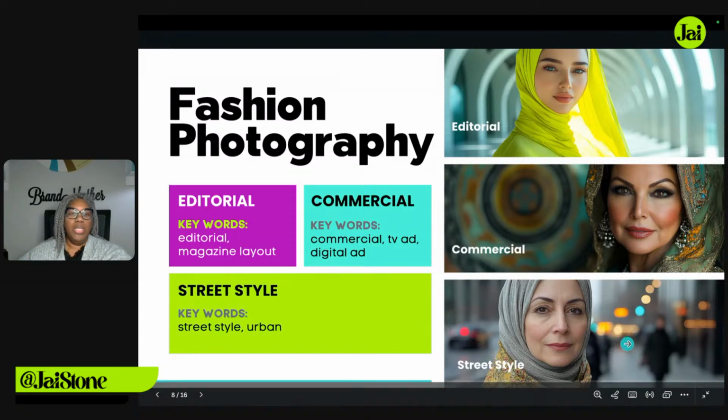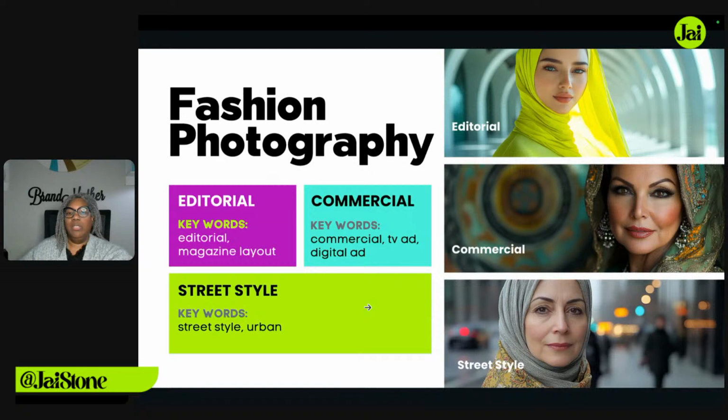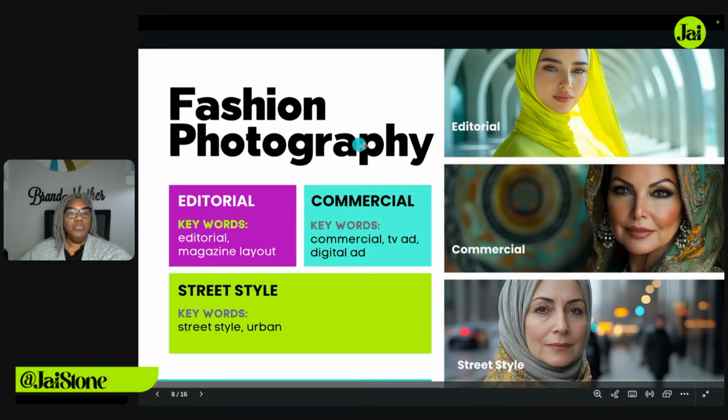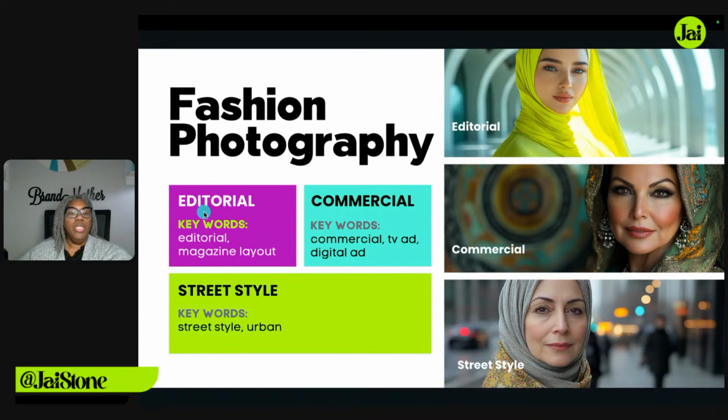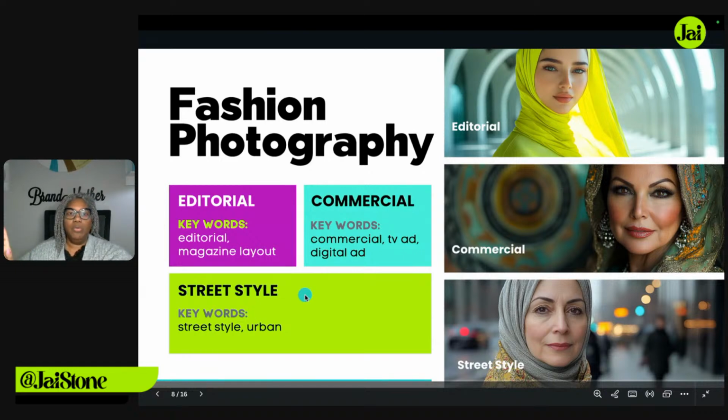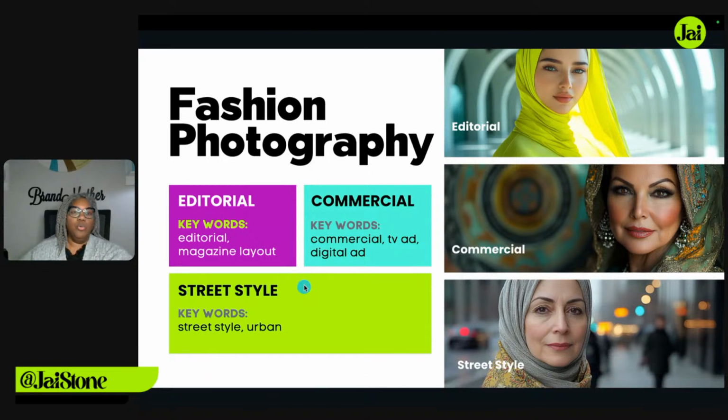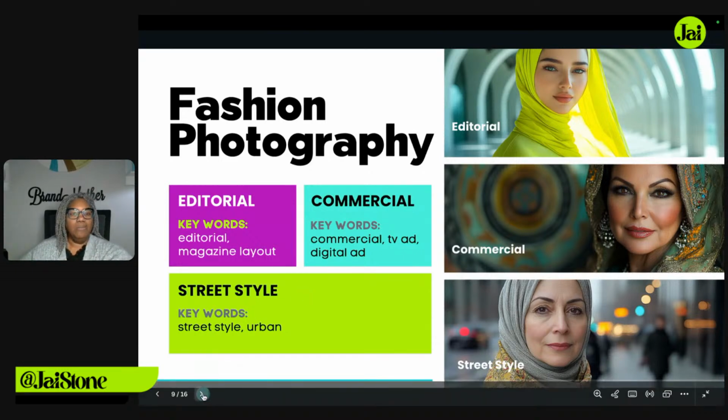You always throw in that, right? Or you can just skip to street style photography and the rest of your prompt. Okay, so these are categories. Fashion photography is the category. The photography art style is editorial photography, commercial photography, and street style photography. But they fall in the category of fashion, if that makes sense.